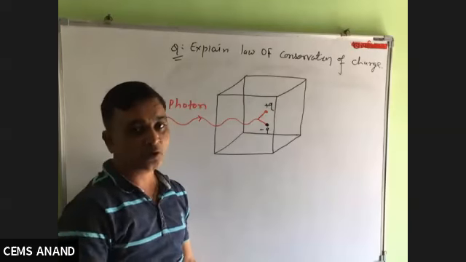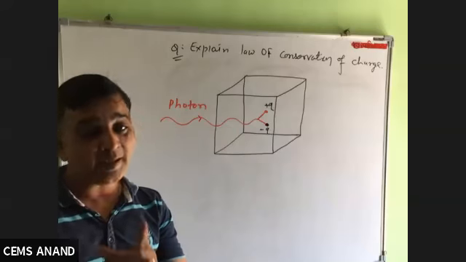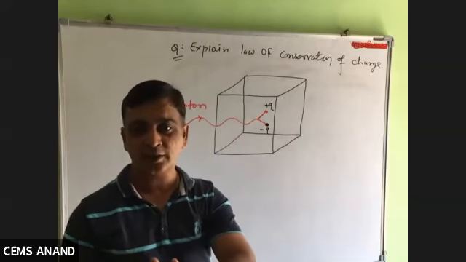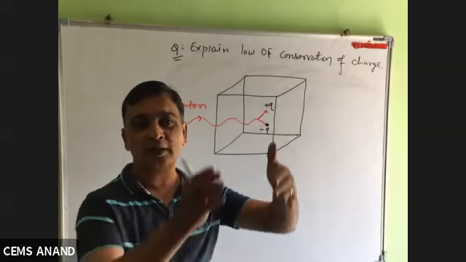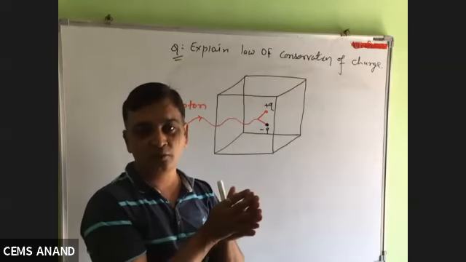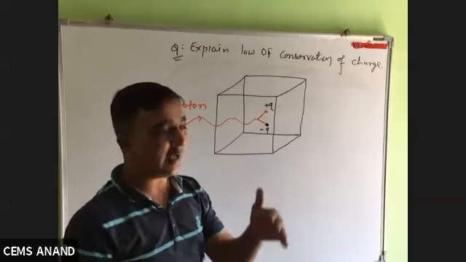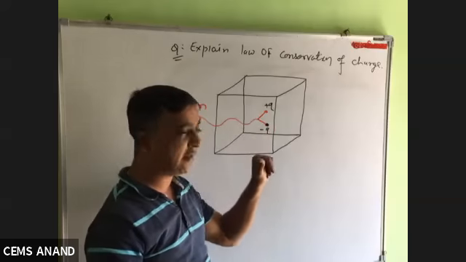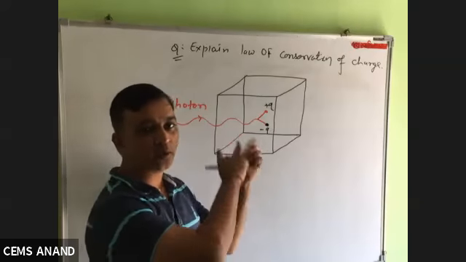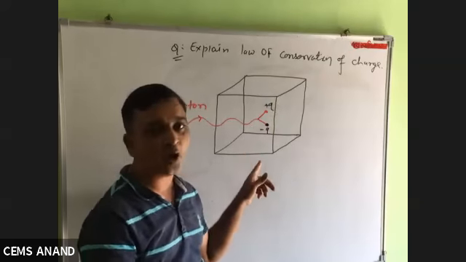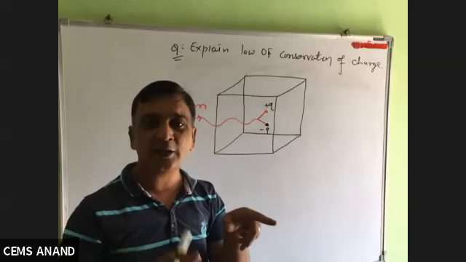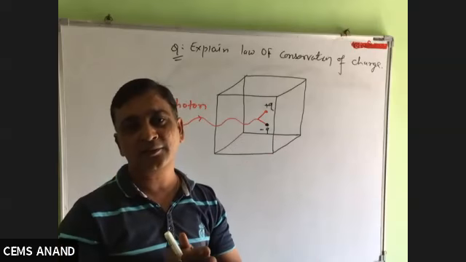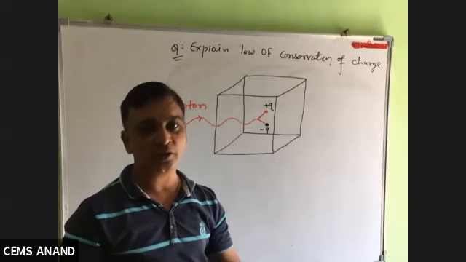Okay. So now what happened? What is the number of charges present inside this box? 25 positive, 25 negative, and the vector sum of it is 0, right? Now what happened after introduction of this photon ray? It generates two charges, one positive, one negative. So the total amount of charges present inside the box is now 26 plus and 26 minus. So once again, the vector sum of charges of the system remains constant. So there is no change.